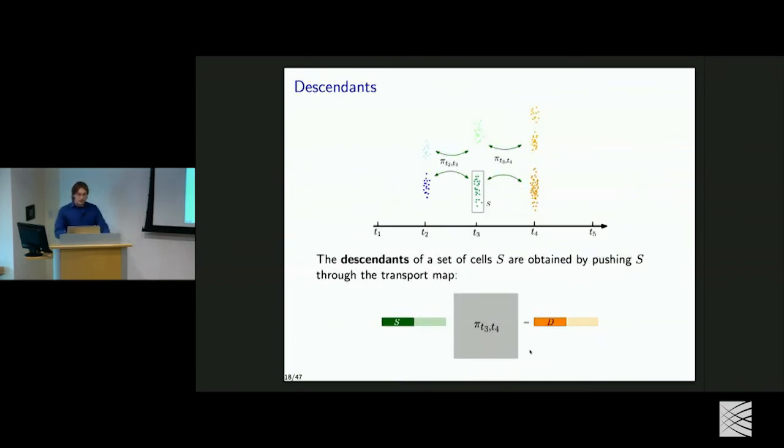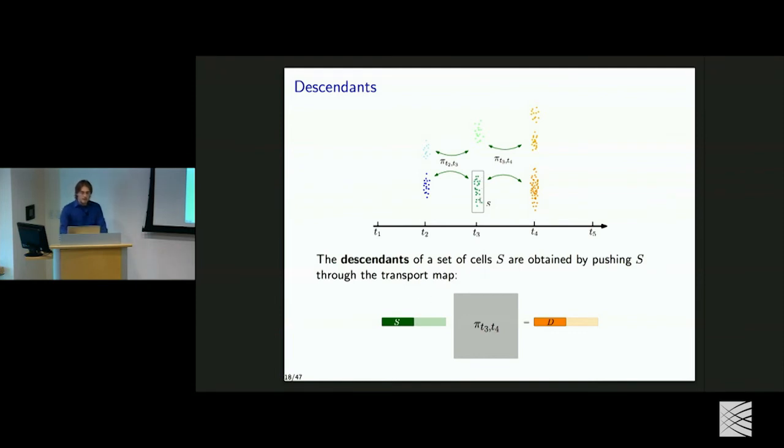Now, in terms of these couplings, we can define rigorously the descendants of a subset of cells. So the descendants of this set of cells, for example, this lower green set of cells here, would be the cells at the next time point. Or you could also have the cells 2 time points later. And how do you define them? Well, they're obtained by pushing a set of cells through the transport map.